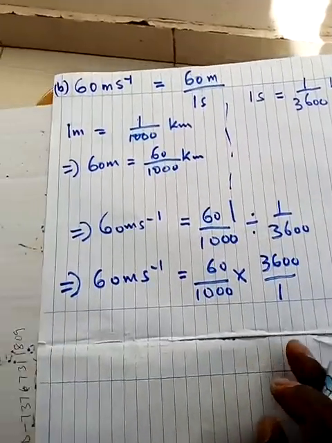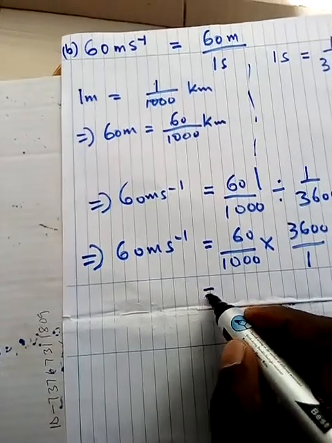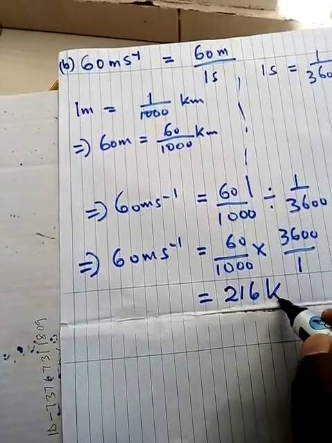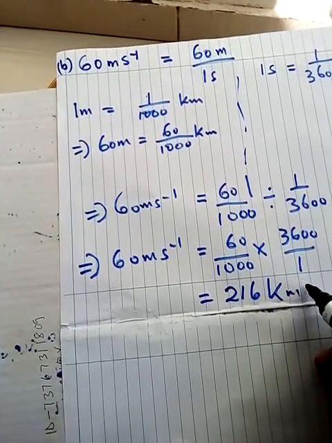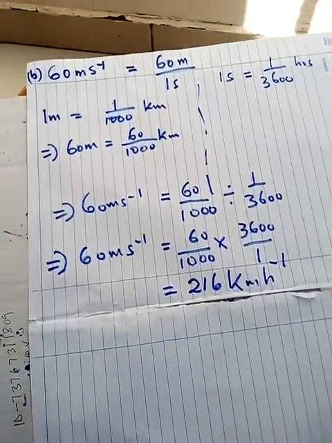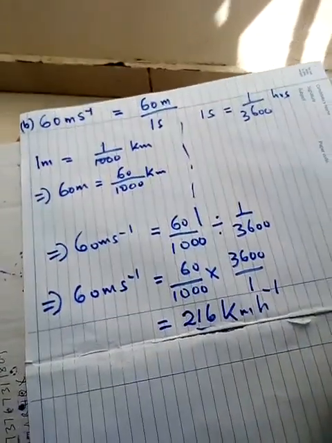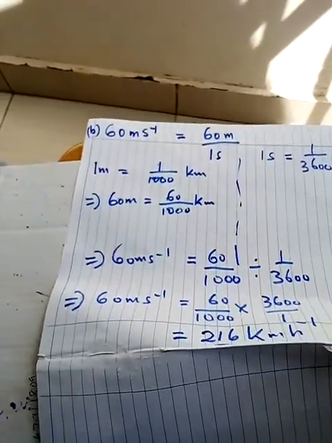I think I come to this value, 216 kilometers per hour. So that's how we convert the unit from meters per second to kilometers per hour.